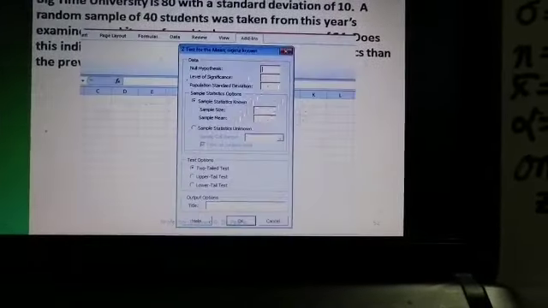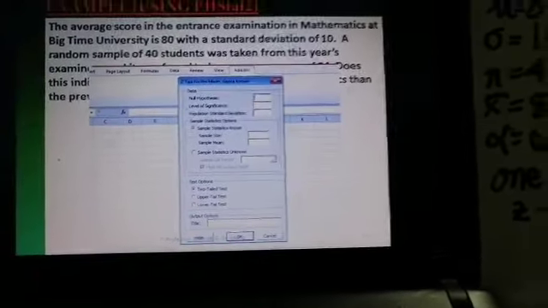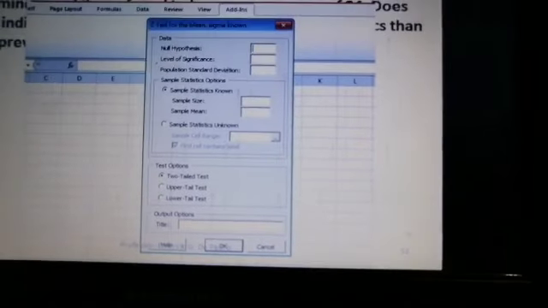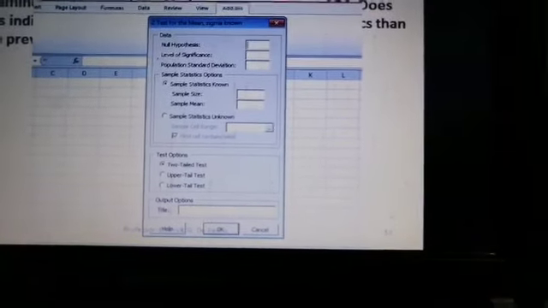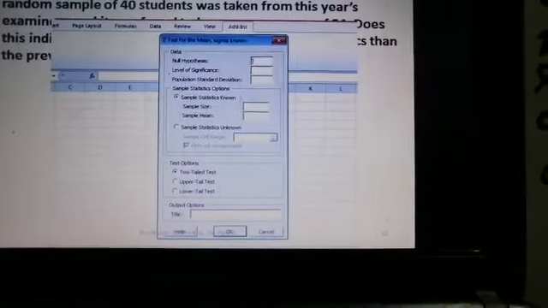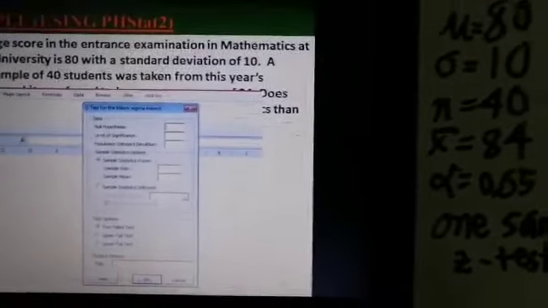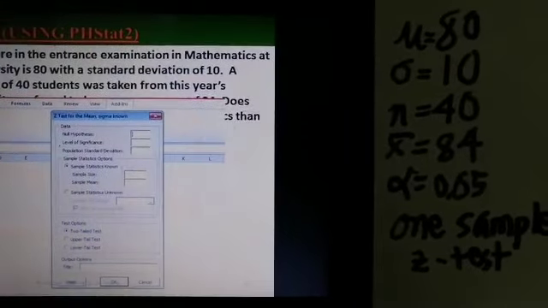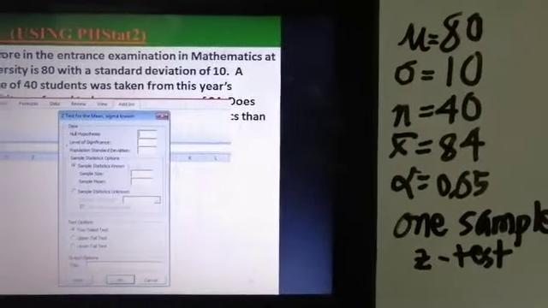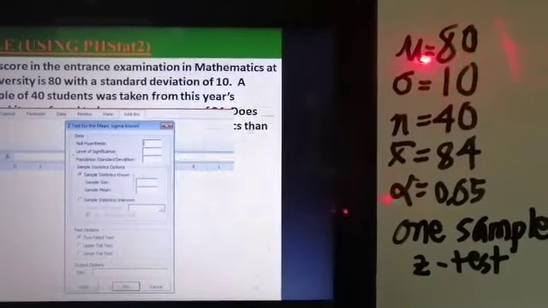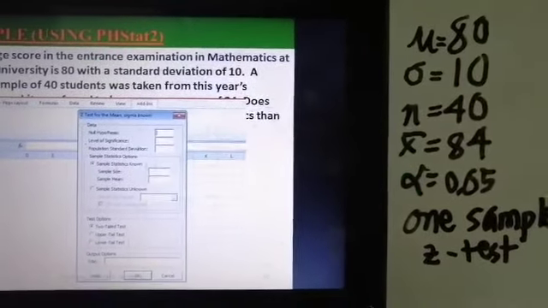You click on that, and then you will be shown a dialog box which you have to fill out. For the null hypothesis, what are we going to type in? It must be 80, the population mean.